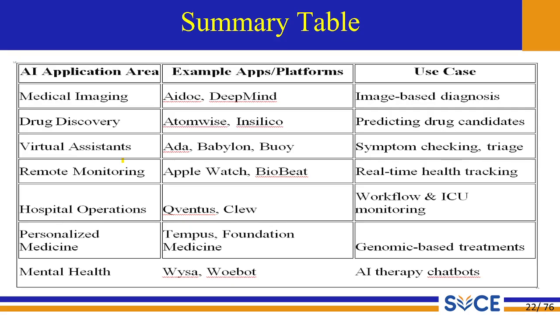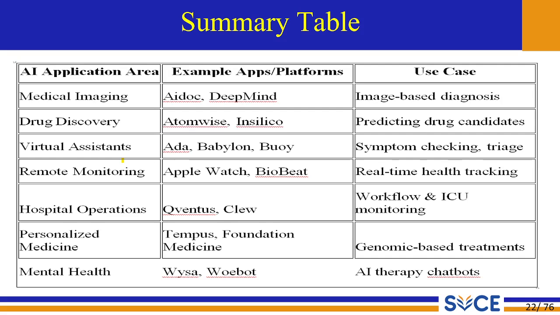Here's a quick recap of everything we covered so far. This table pulls together the key AI application areas in healthcare. Medical imaging platforms like AIDOC and DeepMind. Drug discovery: Atomwise and InSilico predict new drug candidates.